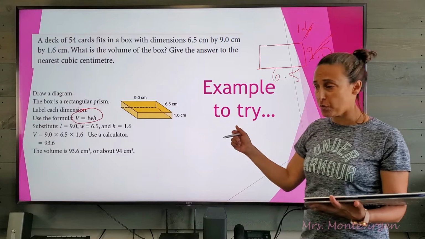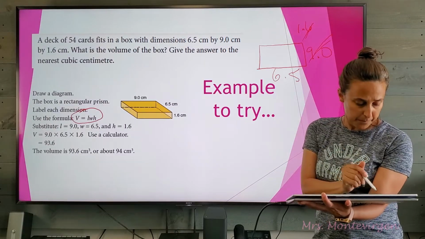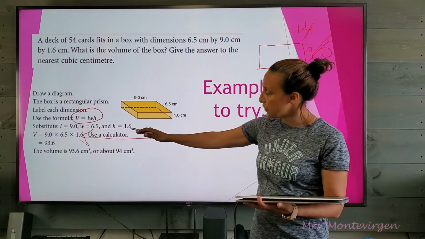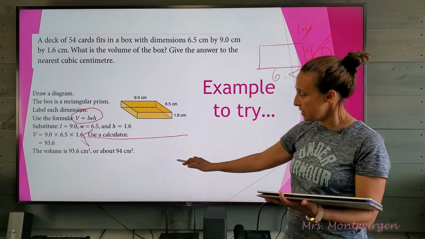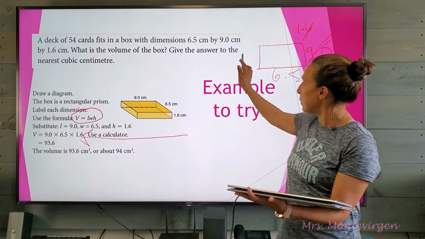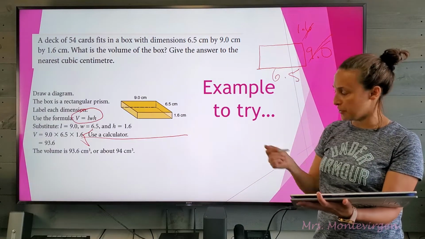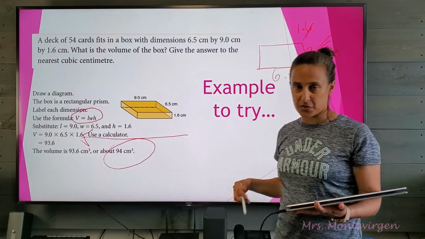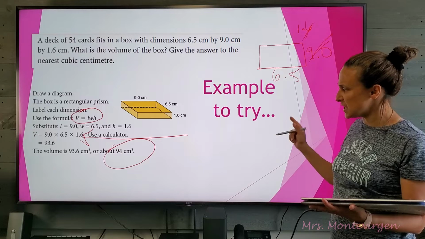You're going to take all those numbers and simply put them together. Use your calculator, figure it out, and you're going to have an answer of 93 6/10 of a centimeter, which they wanted us to round to the nearest cubic centimeter, so you would round up to 94. And my exponent is 3. It's as simple as that.